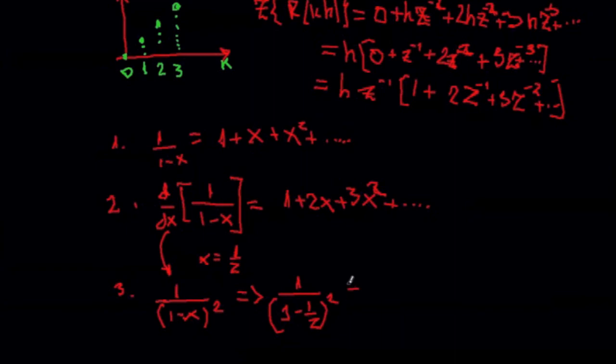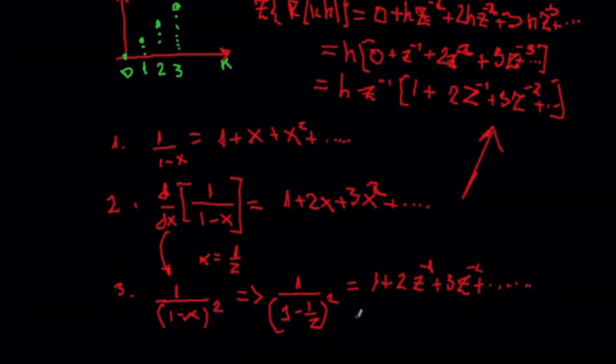Okay? And here we are writing 1 plus 2 z^-1 plus 3 z^-2 plus, which suddenly is this expression. Okay?